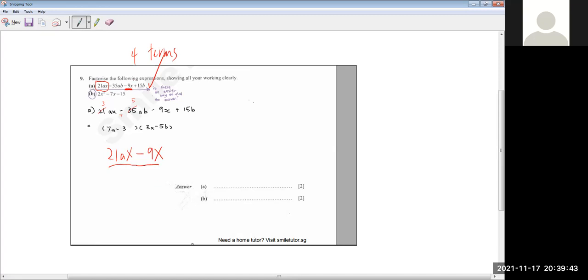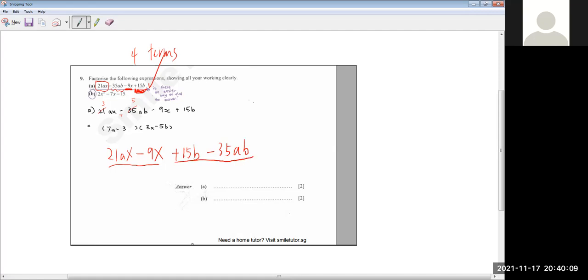And then the next group, I'm going to group my 15b and this minus 35ab together. So I write plus 15b minus 35ab. This is my second group.